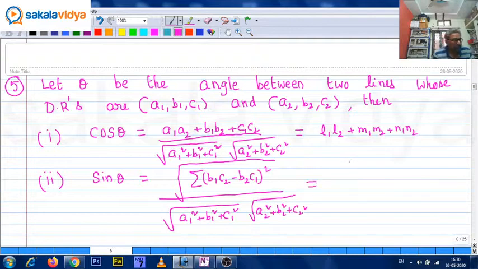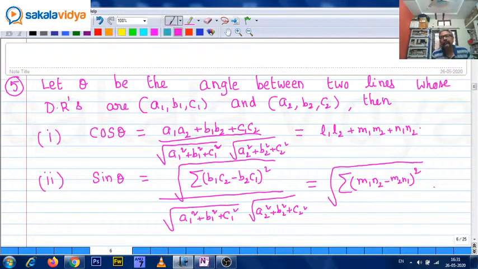For example, if direction cosines are L1 M1 N1 and L2 M2 N2, that is equal to sigma M1 N2 minus M2 N1 whole square under root. So using these two formulae, we can find the angle between any two lines, whether direction ratios or direction cosines are given.